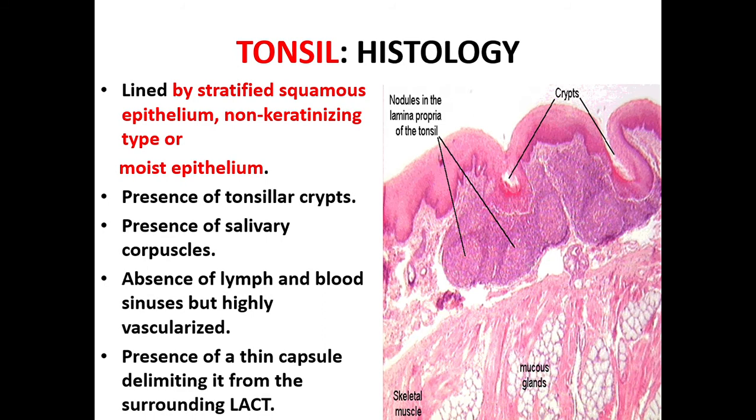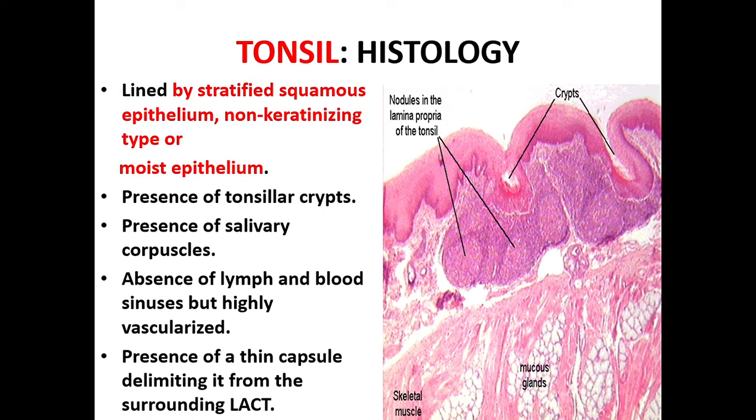The histological characteristics of tonsils are: they are lined by stratified squamous epithelium, a non-keratinizing or moist type of epithelium. As seen in the illustration, there are tonsillar crypts and salivary corpuscles, which are the nodules in the lamina propria of the tonsil.